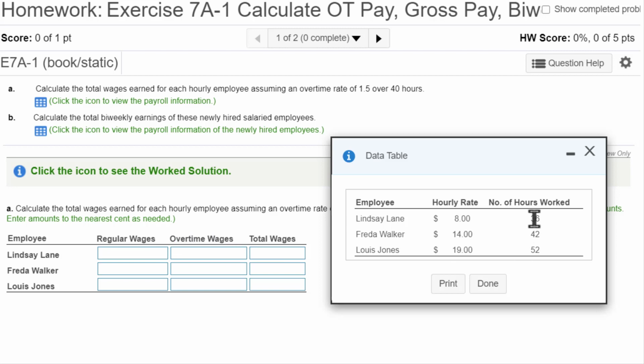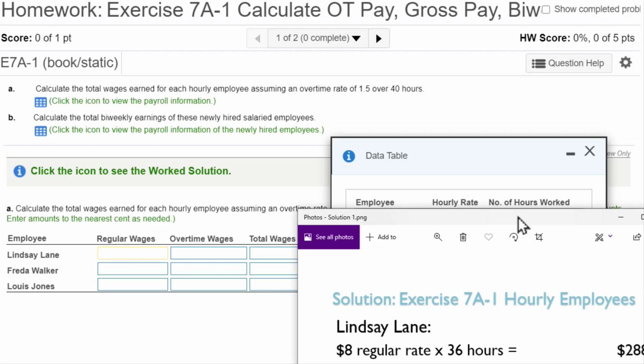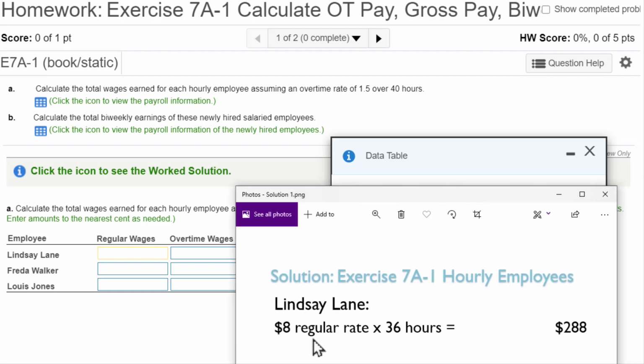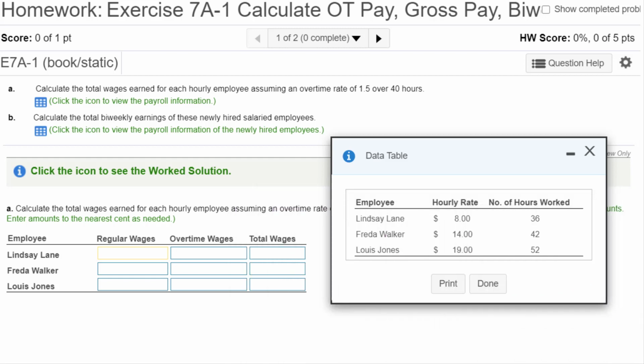Since she worked less than 40 hours, all of her wages will be regular wages. So we take $8 per hour times the 36 hours, which gives us $288 of regular wages. So we put 288. I'm going to tab over on my keyboard.